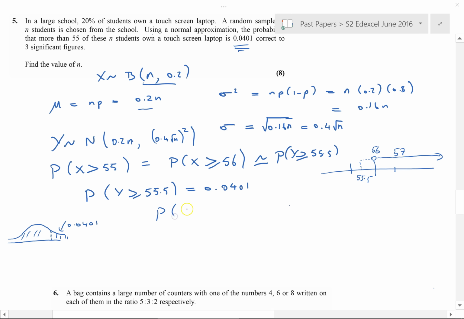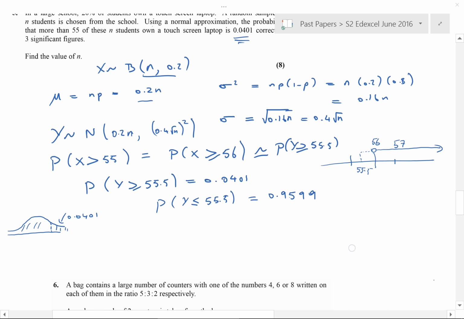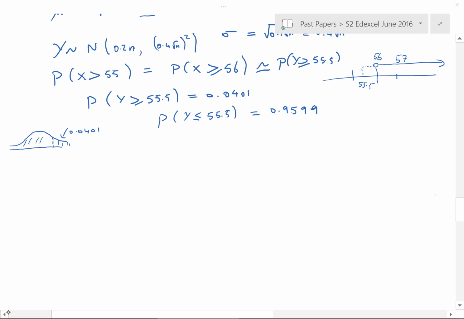So the probability that Y is less than or equal to 55.5 is equal to 1 minus 0.0401, which is equal to 0.9599.